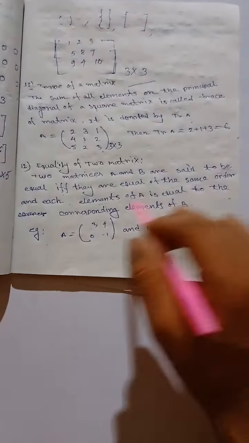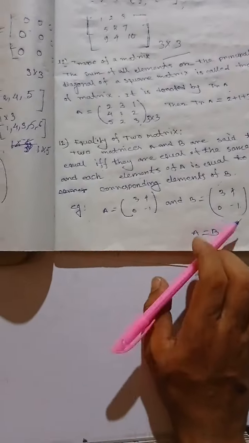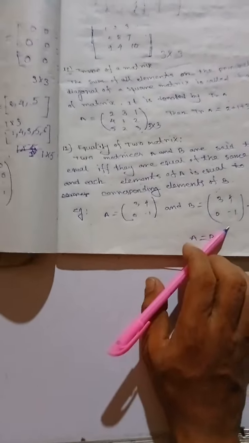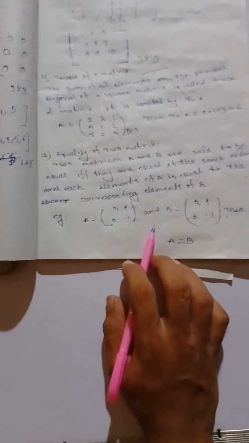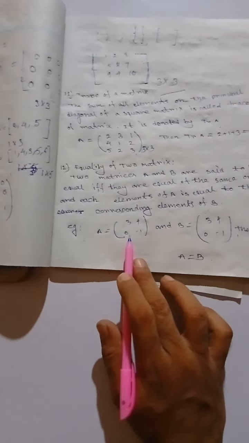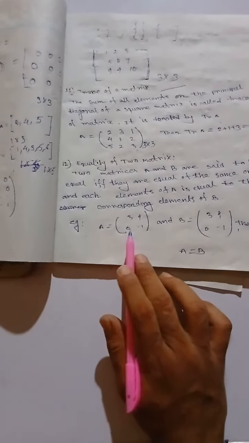For example, matrix A is 3 4, 0 minus 1 and B is 3 4, 0 minus 1. Matrices A and B are said to be equal because they are of the same order.